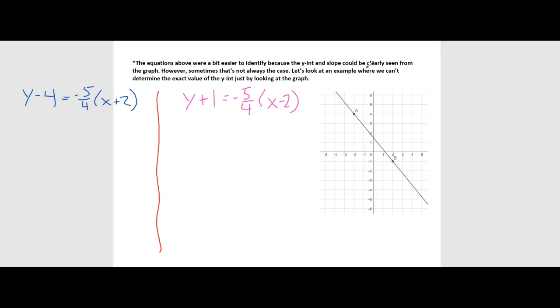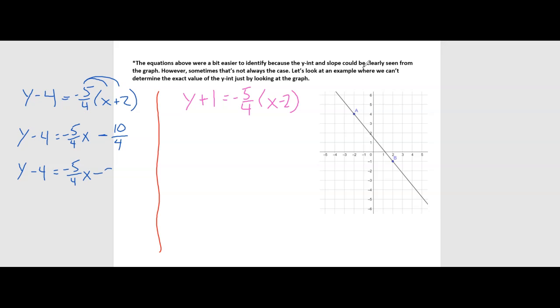All right, so I have both of my point-slope forms down, and now we're going to convert it to slope-intercept form. So the first thing I'm going to do is distribute. So I get y minus 4 is equal to negative 5 fourths x minus 10 fourths. Then I'm going to add 4 to both sides. I'm going to simplify this to a decimal first to make it easier to understand.